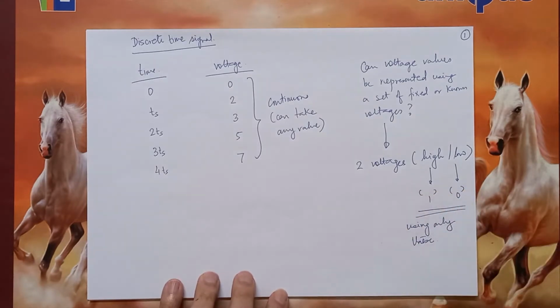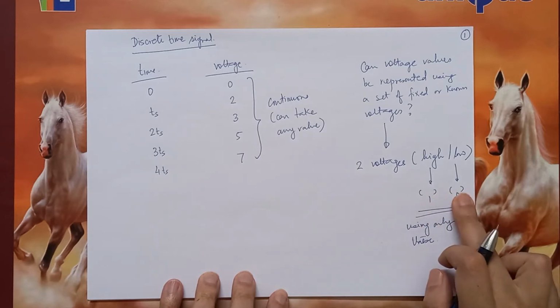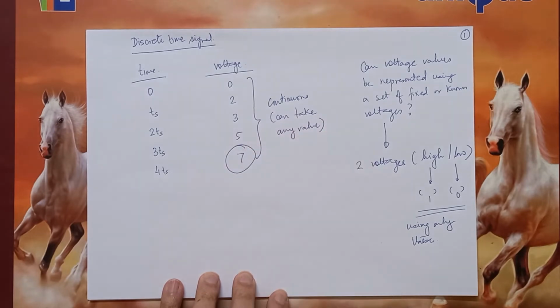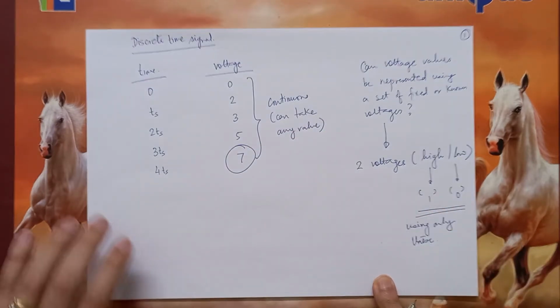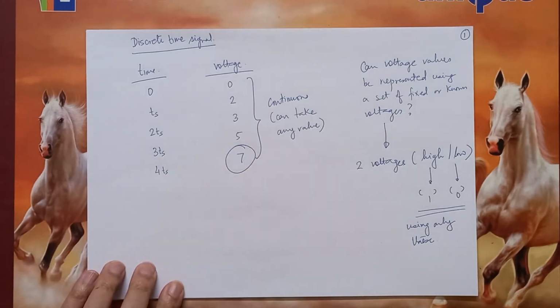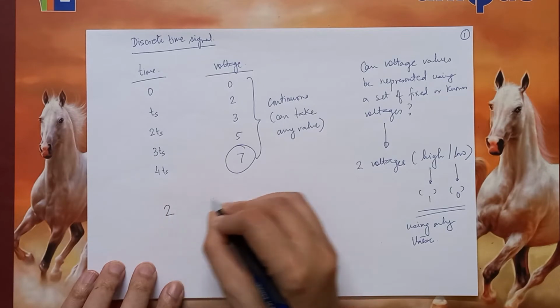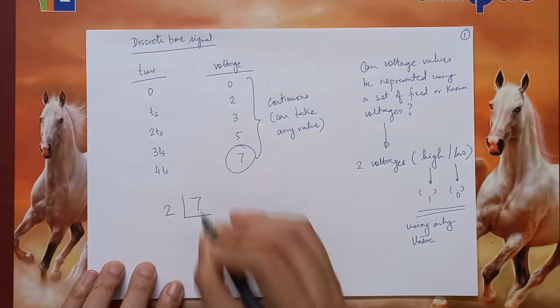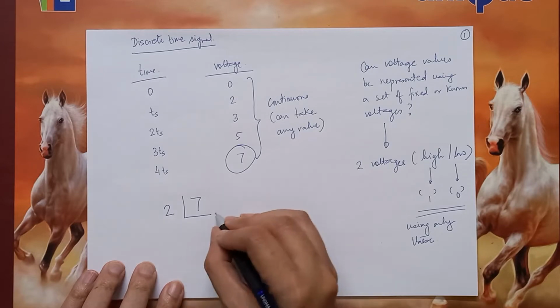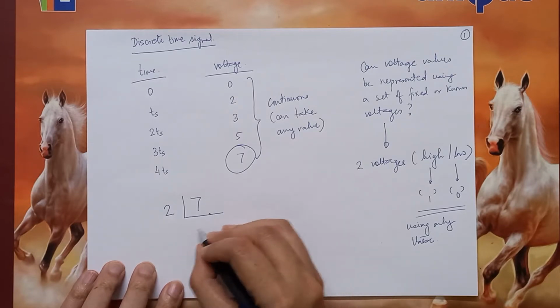There are two choices that we have. Now suppose I want to represent this 7 volts and I have two choices of voltages. So therefore, what I will do, I will essentially divide this number 7 by 2 continuously until I get 0 as the quotient.